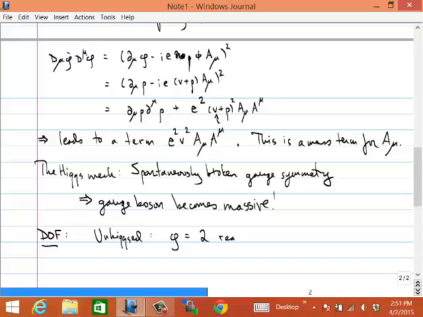So that has 2 real degrees of freedom. And likewise, the gauge field has 2 real degrees of freedom, which are the polarizations of A_mu. So in particular, if you think of A_mu as a set of 4 functions labeled by that index mu, then one of those is removed by the equations of motion, and another is removed by gauge invariance.